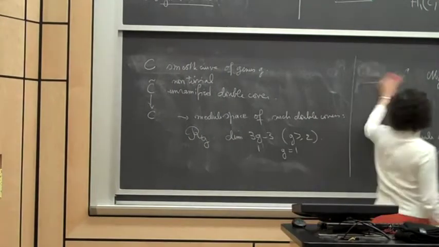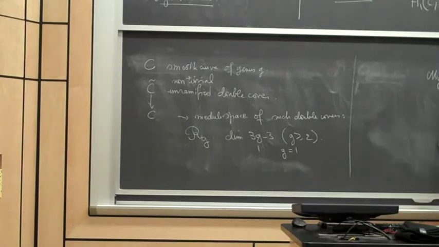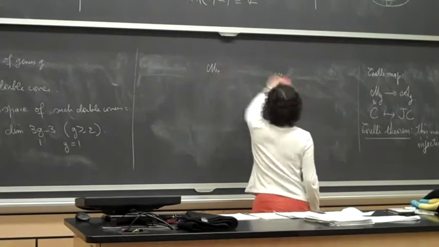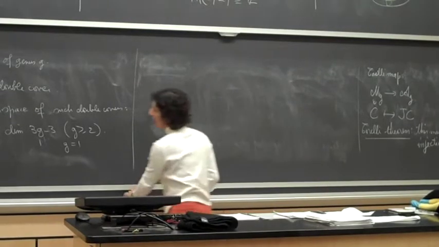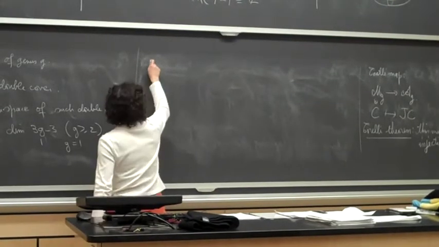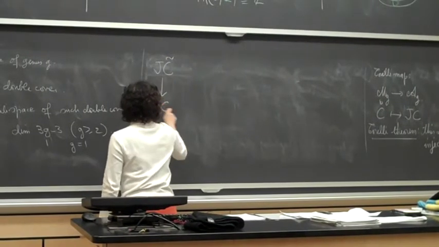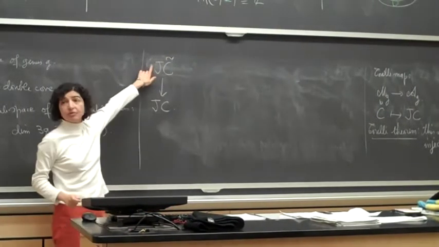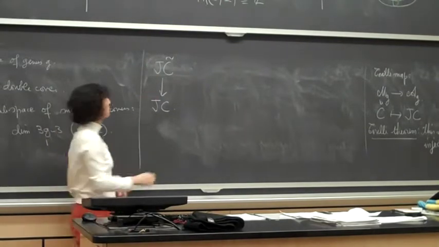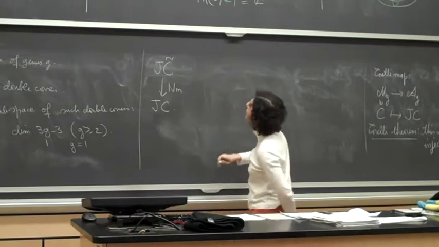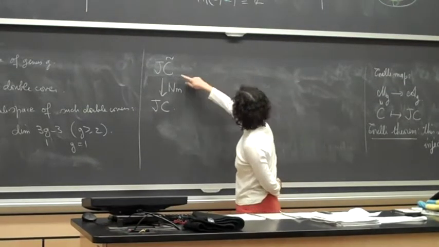And now we're going to construct a Prym variety. Alright, so you can construct the Jacobians of both curves. And it turns out that there's a map from one Jacobian to the other. And we call that map the norm map. So what do we have here?